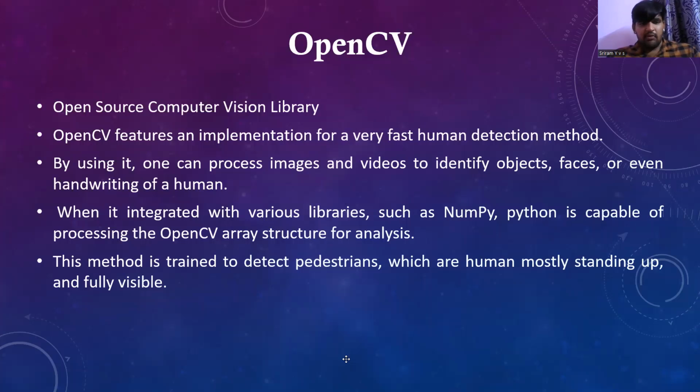Python is capable of processing the OpenCV array structure for analysis. We use this library to detect pedestrians, which are mostly humans standing and walking on the road, and they must be fully visible.